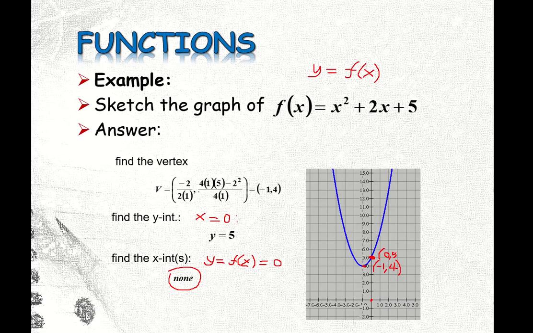Now if you can still remember from your analytic geometry, when you connect these 2 points, connect and then you just extend. So you have this graph.